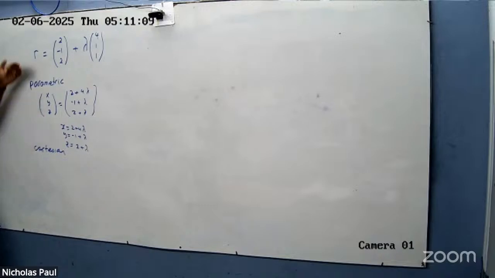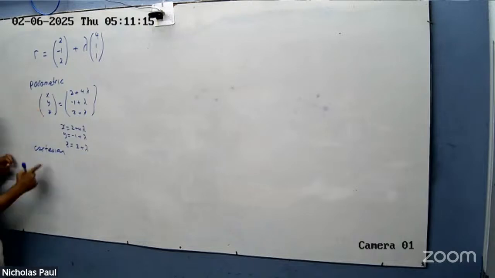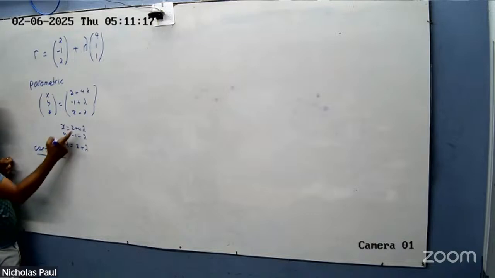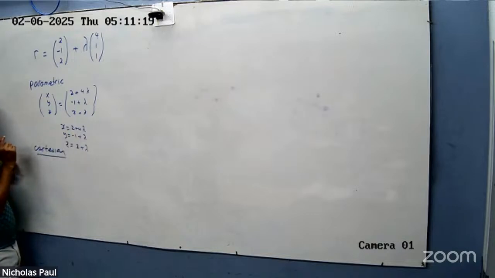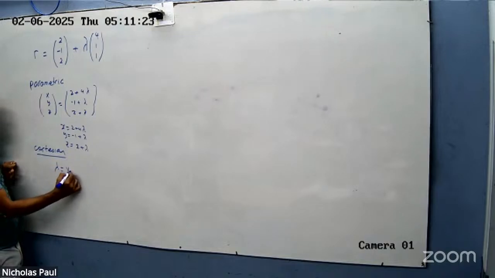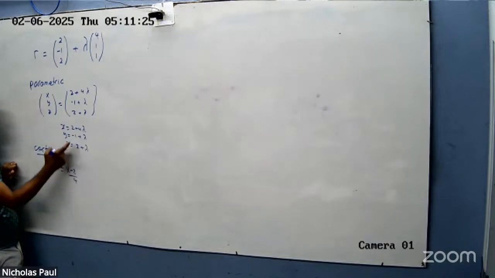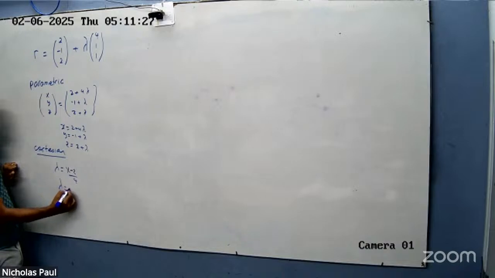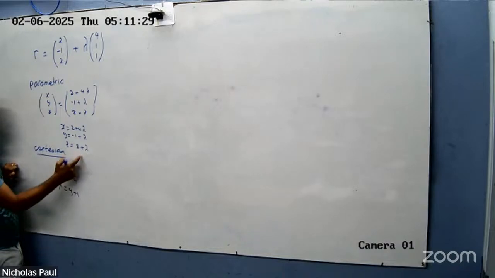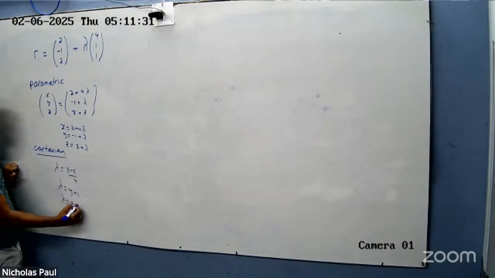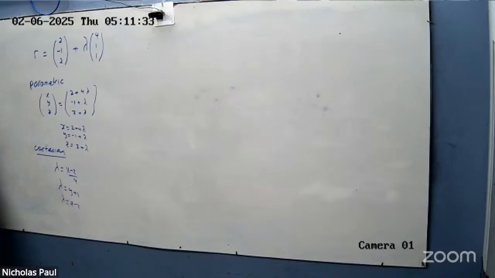Vector equation of a line, parametric form. That's it. Next step is to get the Cartesian. All I have to do is make lambda the subject. So lambda is equal to X minus 2 over 4. If I make lambda the subject here, I'll get Y plus 1. If I make lambda the subject here, I'll get Z minus 2.